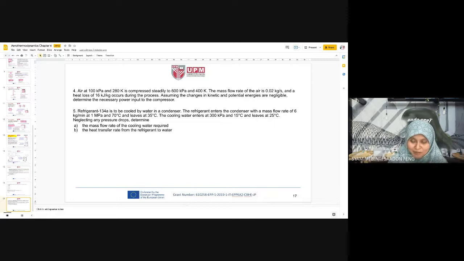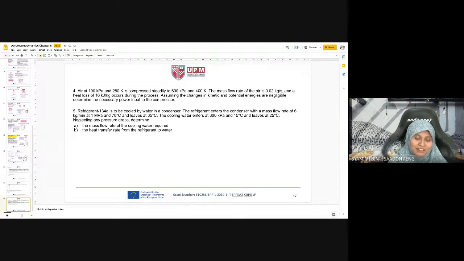There are several types of heat exchanger. The function is the same: they are used to exchange heat. But there are several types, and condenser, evaporator, boiler, etc. are example types of heat exchanger.